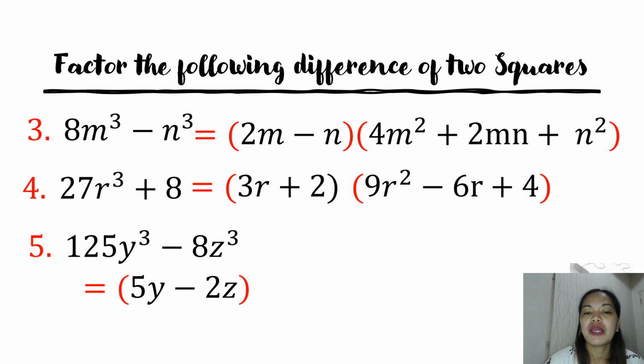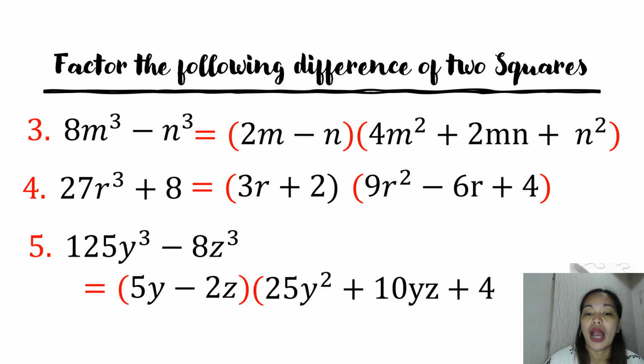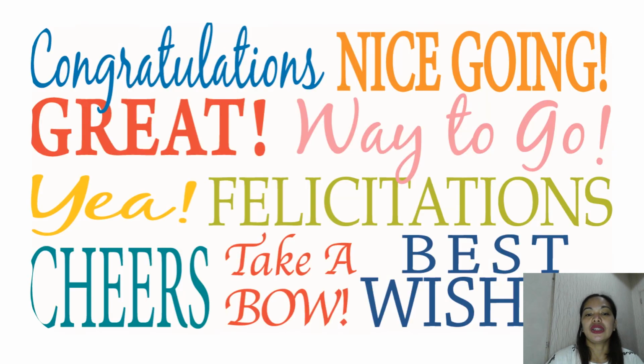The square of 5y is 25y squared, and then times mo si 5y and 2z, that is 10yz, and then square mo lang yung last term, and that is 4z squared. Naging positive 10yz siya or plus 10yz because the operation on the first factor is subtraction. So the opposite of that is addition.